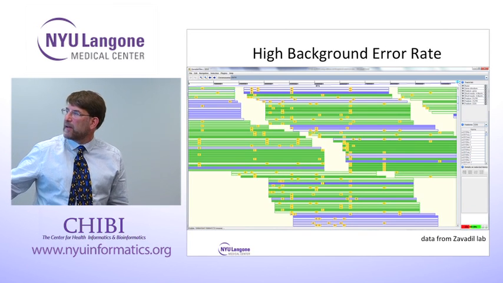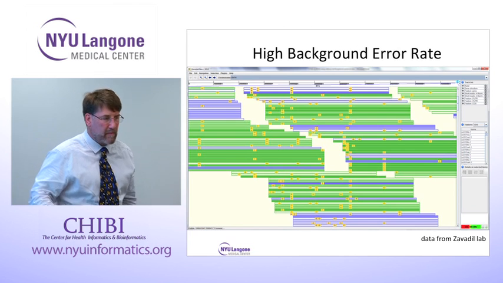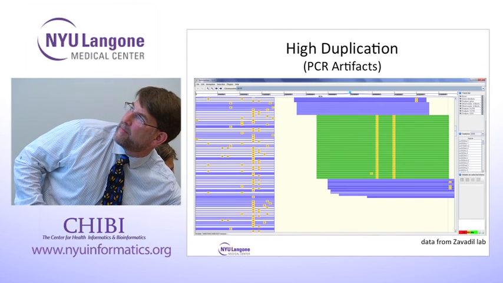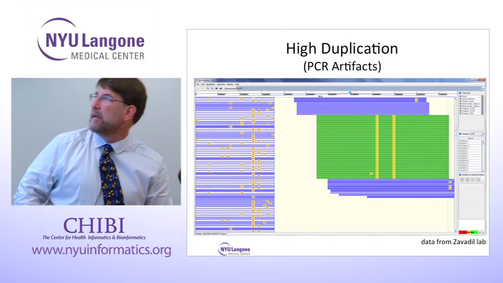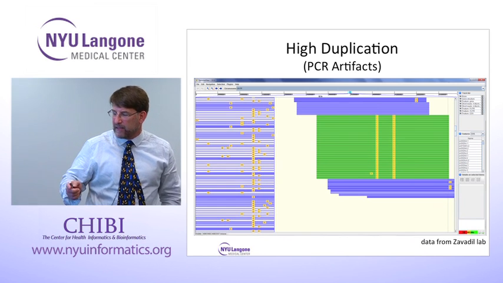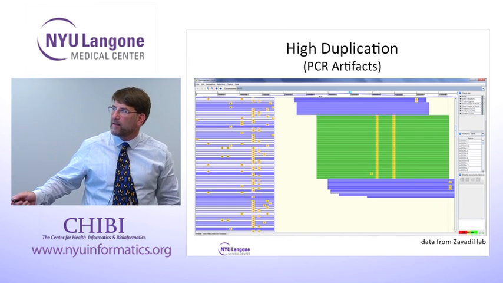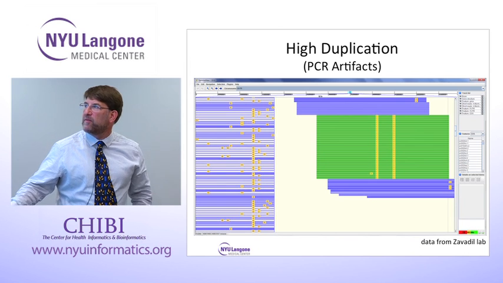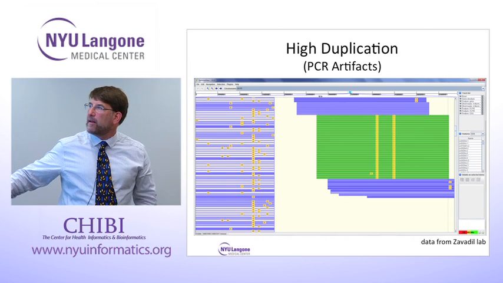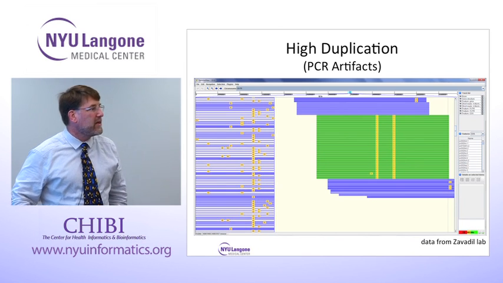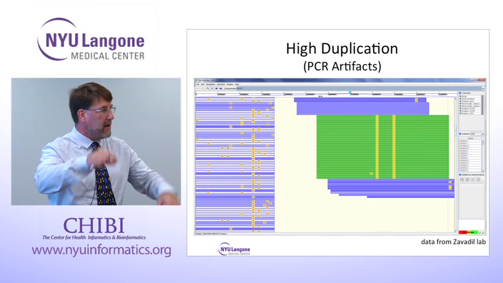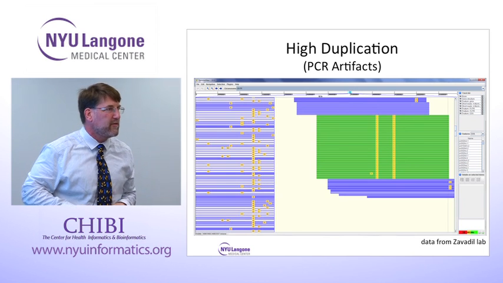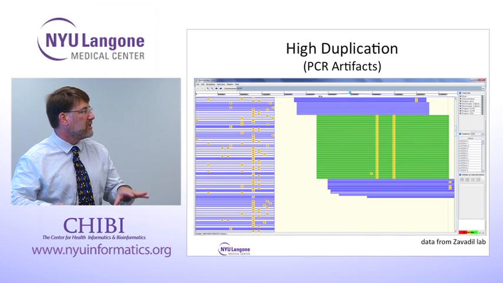So here's an example of duplication. I'll show you more of that. So here's an example of a PCR duplication. There was one template, one read, that had these two variants in it. And then it was PCR'd a whole bunch of times, and it ended up becoming a bunch of different templates on the sequencing surface.